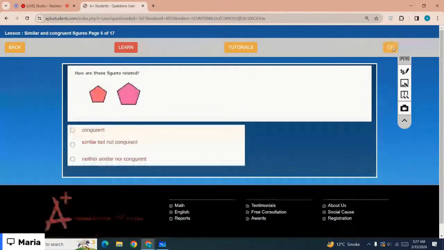How are these figures related? They are similar but not congruent. The correct option is similar but not congruent.